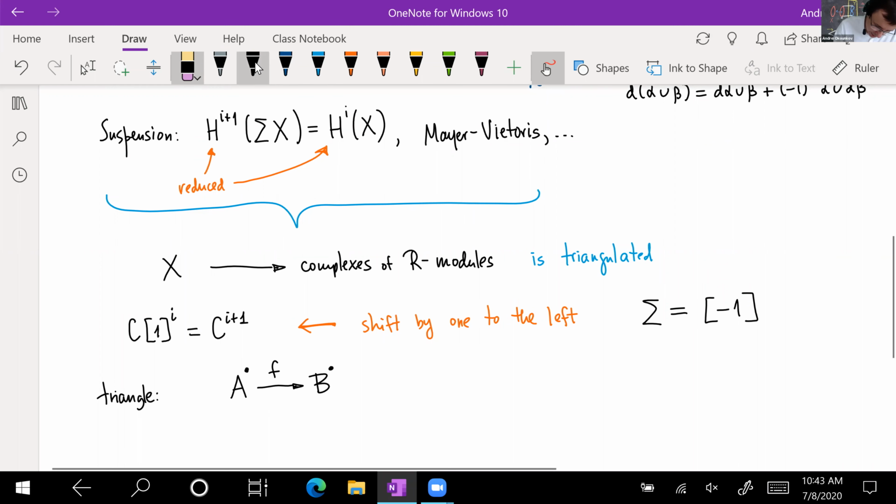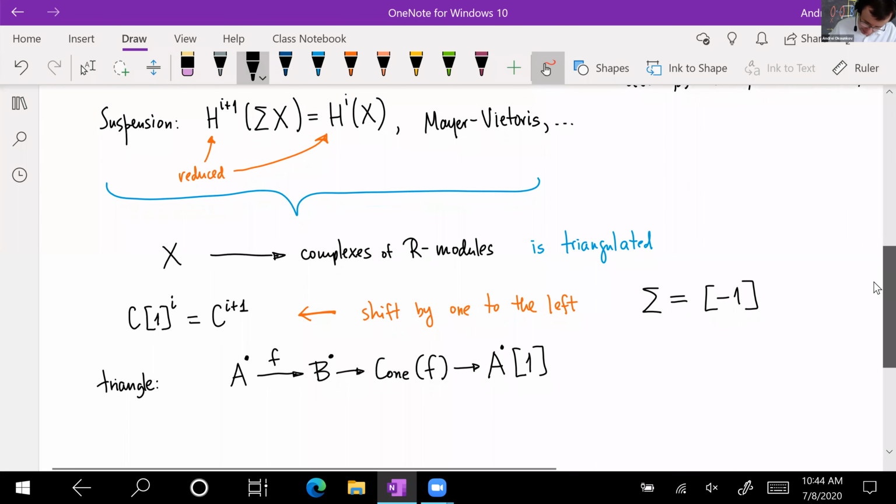So this would be where we're at. This will then map to the cone of this map F, and then this will go to complex A shifted by 1. And what's this thing?